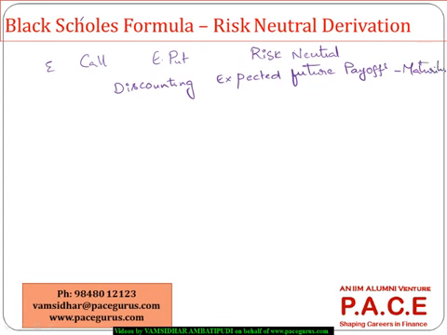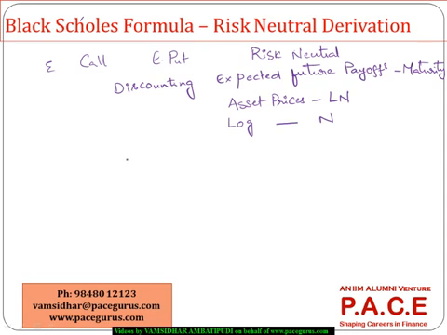That is what, when I am discounting them to the present value, we call a risk neutral valuation. And here, especially with respect to option pricing, we go under the assumption that the asset prices follow a log normal distribution, which means the logarithm of the asset prices follows the normal distribution.